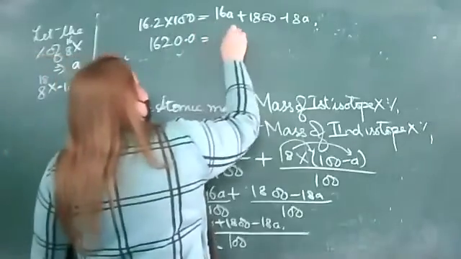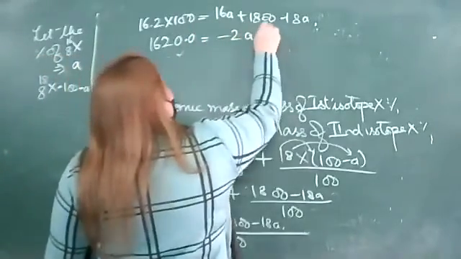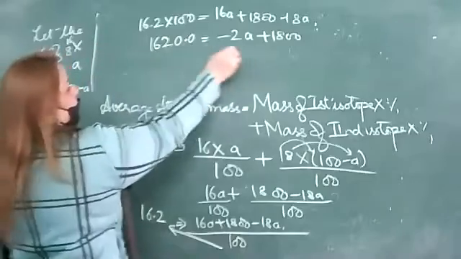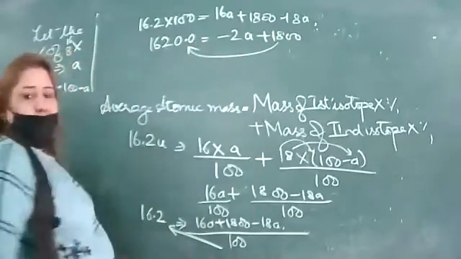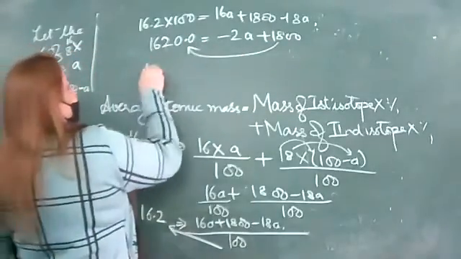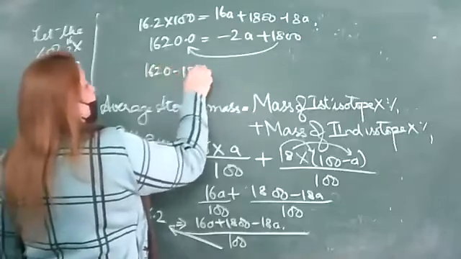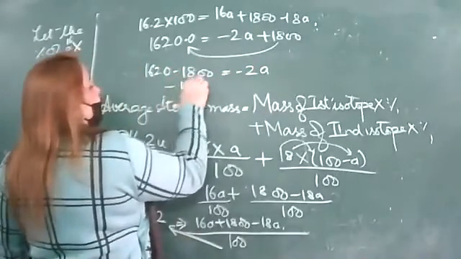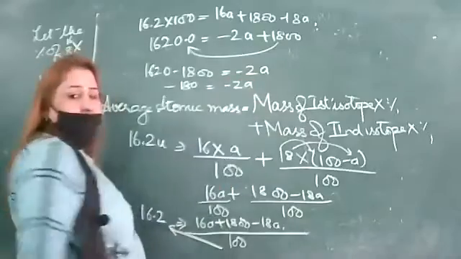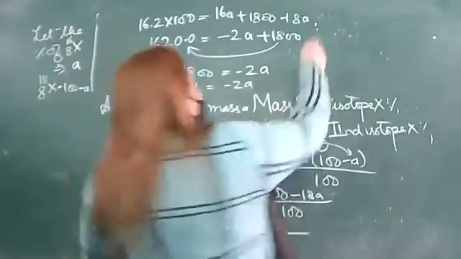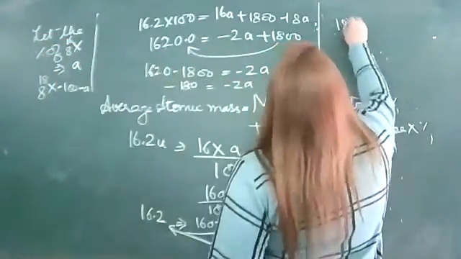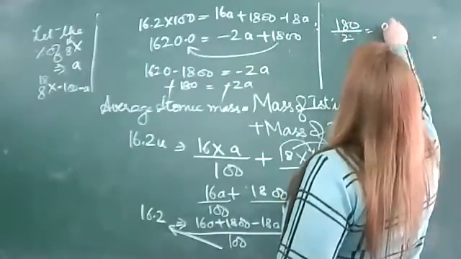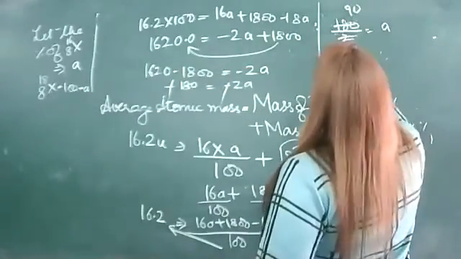That is 1620.0. Then this comes over here: 1620 minus 1800 equals minus 2A, minus 180 equals minus 2A. Minus minus cancel. 180 divided by 2 is 90.